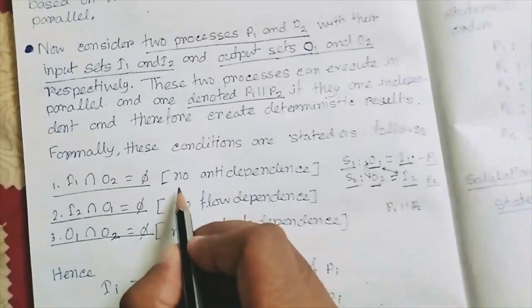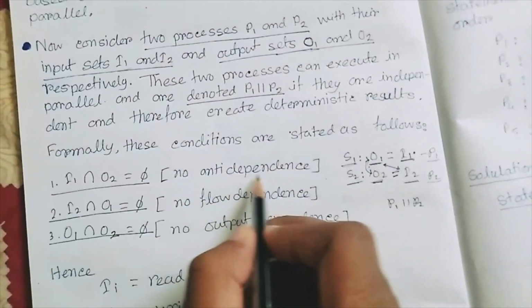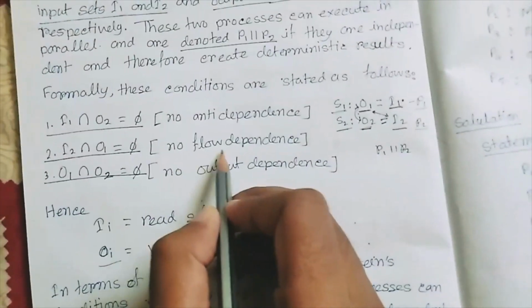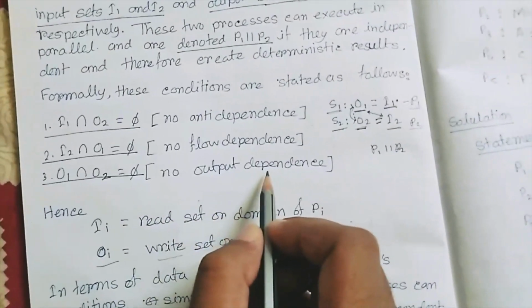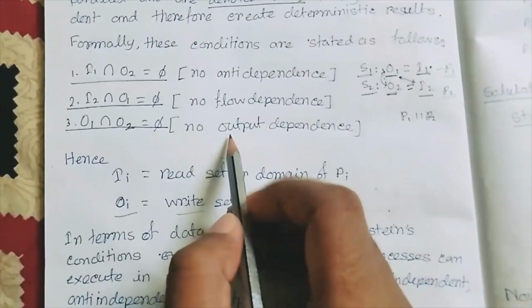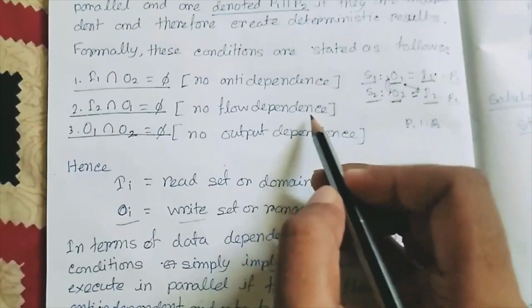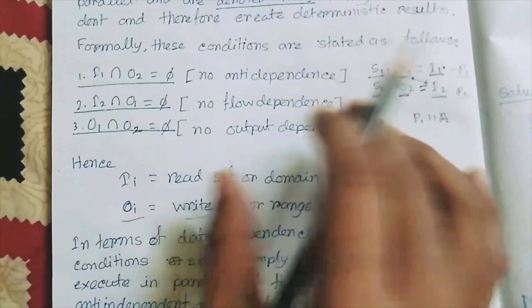That means the first condition follows no anti-dependence, the second condition follows no flow dependence, and the third condition follows no output dependence. These topics, anti-dependence, flow dependence and output dependence, will be covered in the data dependency lecture.